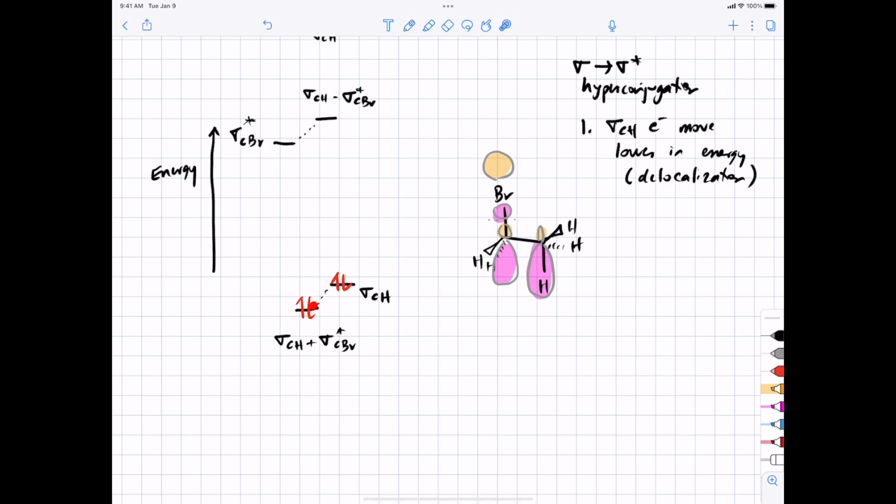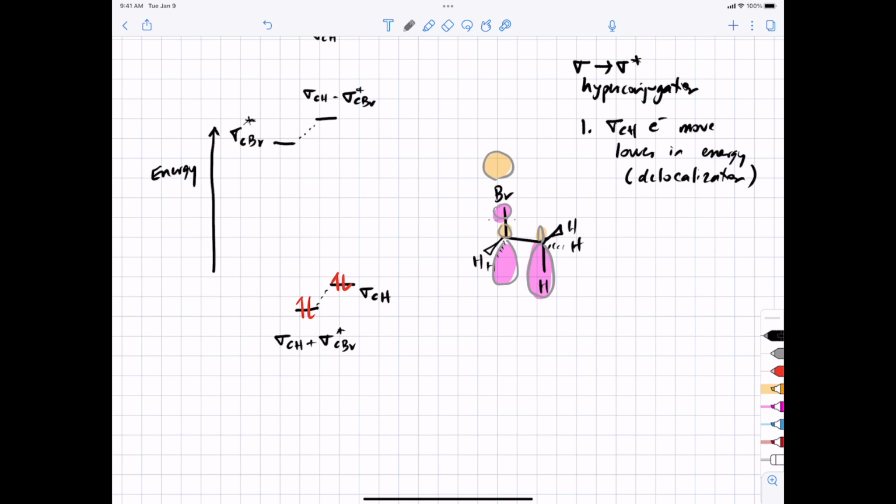It's not as much of a decrease in energy as you would expect for a full bond, but it does mean that the electrons in this carbon-hydrogen bond are spreading out a little bit towards the other carbon, almost as though you've got a teeny bit of double bond character.